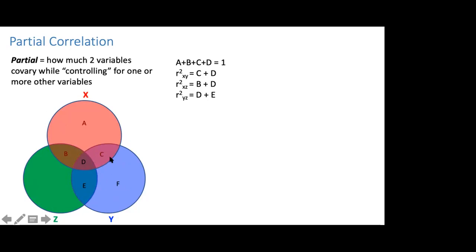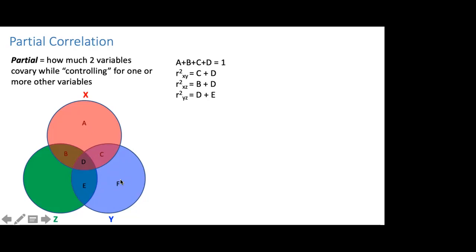And if we control for the influence of Z on Y, then we do the same thing. We cut out the overlap between Z and Y, so what's explained in Y based on Z, and then what's left is C and F. These areas here are called C and F. And then the partial correlation is basically this overlap here between these residualized parts of X and Y. So how much of the variance of Y that is not already explained by Z can be explained by X?